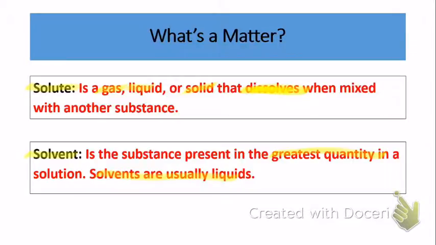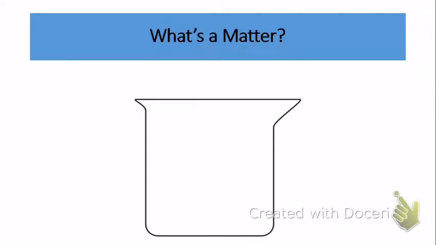And so the solute dissolves into the solvent. So let's do a model here and take a close look at this. Let's use our salt again. Salt is a pure substance. It has a chemical formula of NaCl, a 1-to-1 ratio.